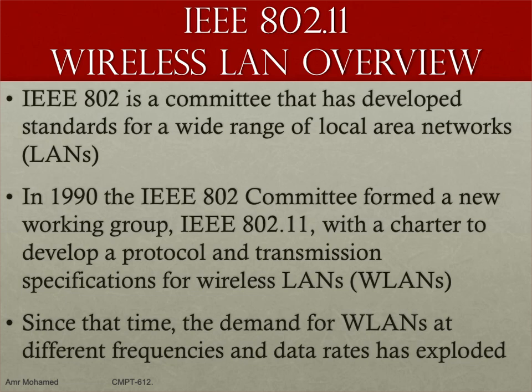So this was the first one. Even the data rates were not that high, like 11 megabits per second or something. This was the beginning of it. They developed the protocol, the transmission and the specification.